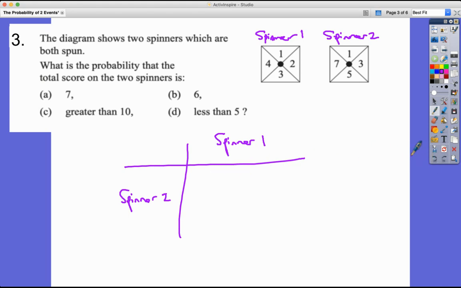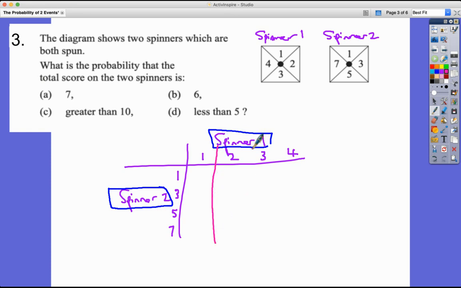Let's actually do better than that: 1, 2, 3, 4. On the second one, it's 1, 3, 5, 7. This is not the neatest of diagrams, but I think you're okay. Right, so let's put the lines in.